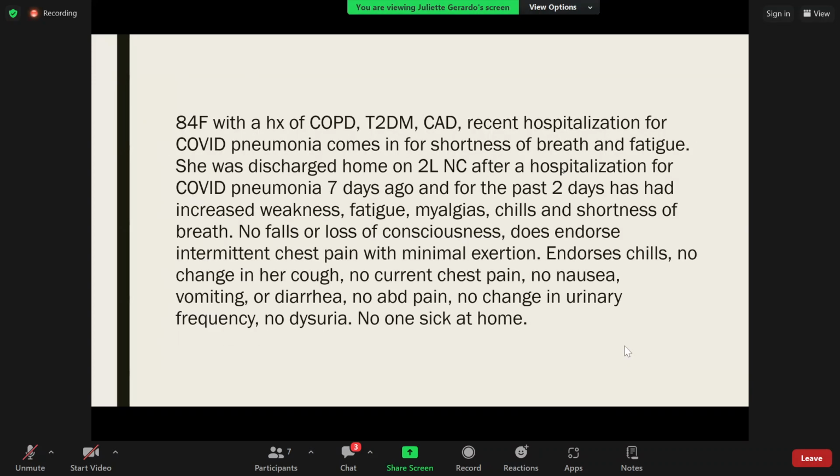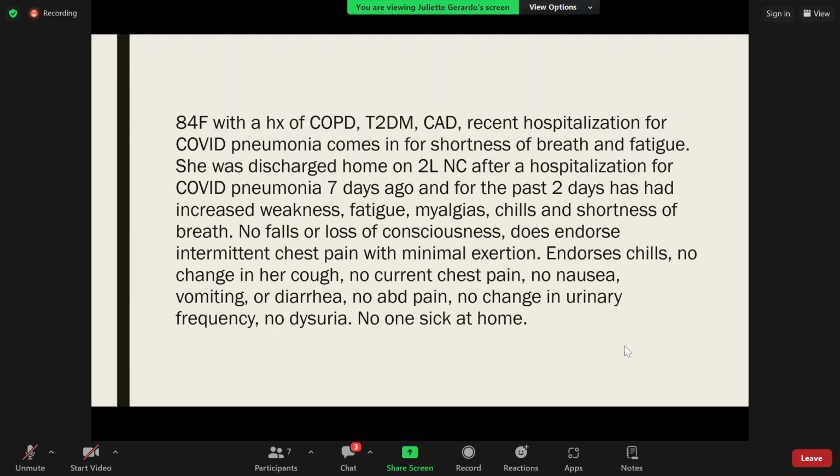A little bit more information is that we have this 84-year-old female. She was sent home a week ago after a prolonged course of COVID pneumonia requiring hospitalization. She was discharged home on 2 liters nasal cannula, and she just decided to forget about it on her way to the emergency department. But for the past 2 days, she's had difficulty walking around. She's been weak, with some muscle aches, chills, and now some new shortness of breath.